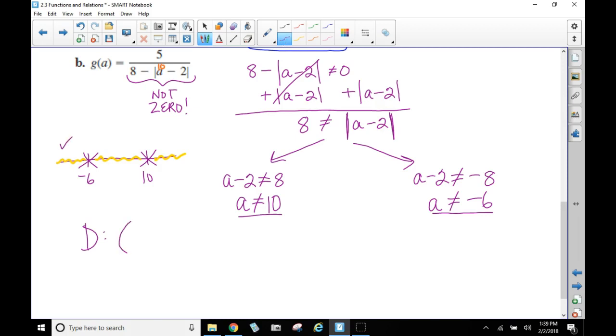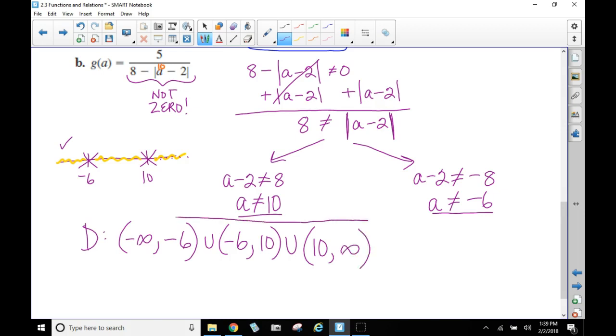It's going to be everything from negative infinity up to negative 6, but not equal to negative 6, union with stuff in between negative 6 and 10, so that's stuff from negative 6 to positive 10, and then we could also have values of a in our domain that are greater than 10. So that is parenthesis 10 to positive infinity. And that is our domain written in interval notation.